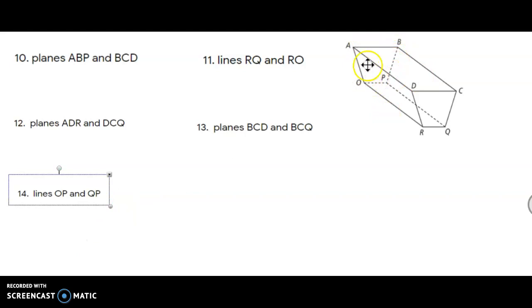So ABP, this flat side, and the BCD, this flat rectangle up here, it looks like they intersect at segment AB. Okay, they intersect at AB. Okay, lines RQ and RO, or segments, I suppose, RQ and RO, right, intersect at point R. Okay.